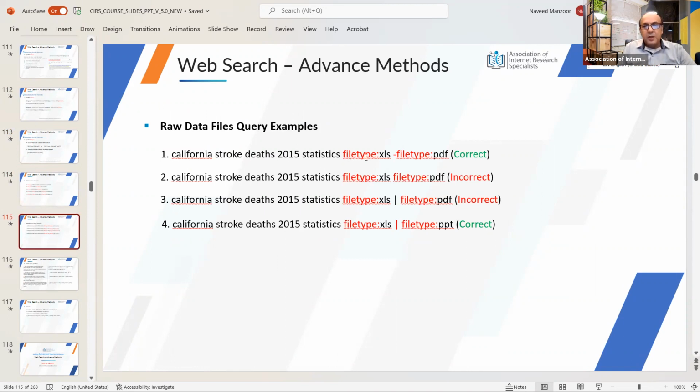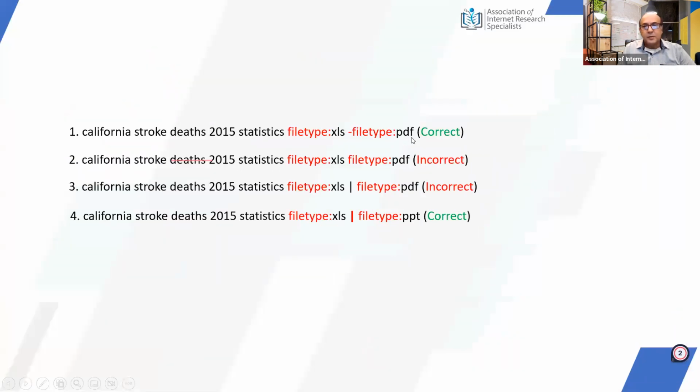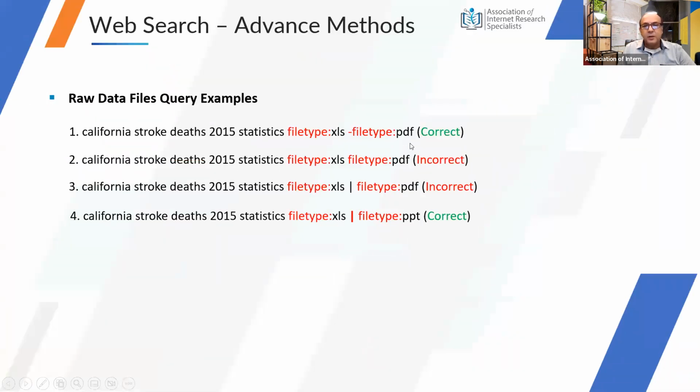So what happens if you don't want results to be returned from certain file formats? In this example that you're looking at, the first one, it is using a minus sign. It is telling the search not to bring results from PDF file formats and exclusively bring it from XLS.